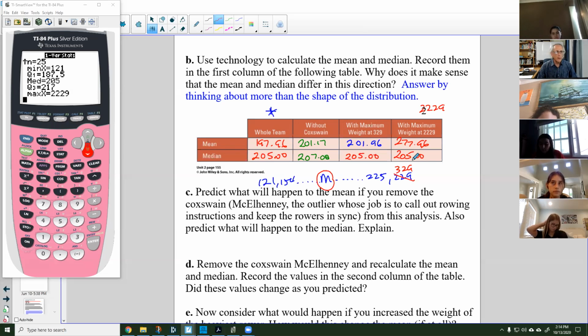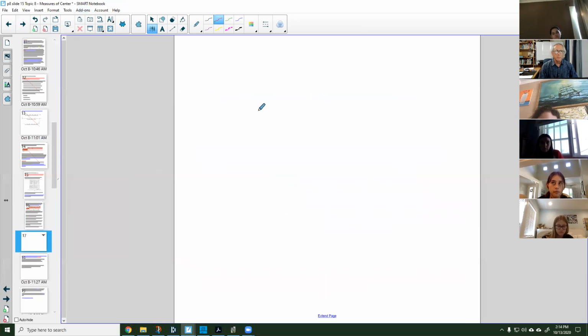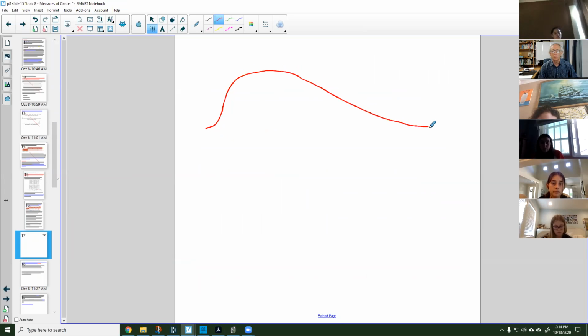The other thing that it's telling us is that if I have a distribution that is skewed, so here's a skewed right distribution, a skewed right distribution has some values way over here at the high end that could be a lot higher than the bulk of our values right in here.